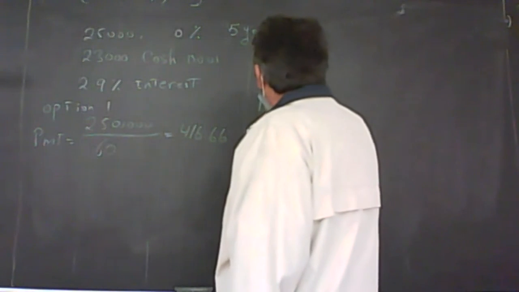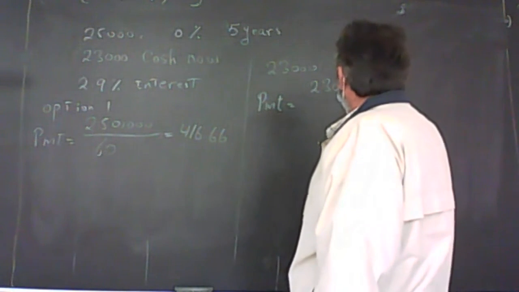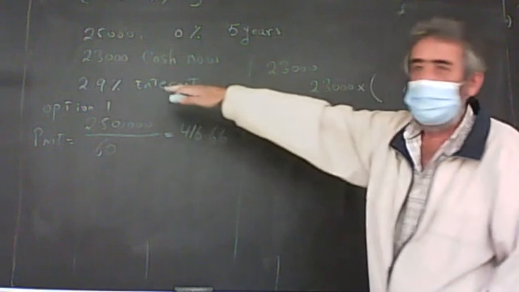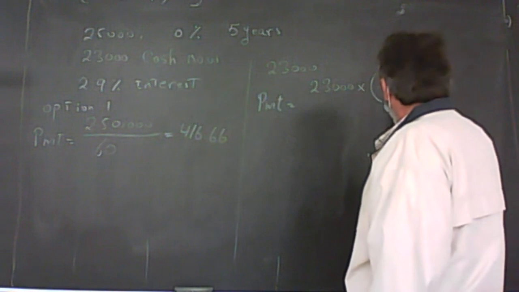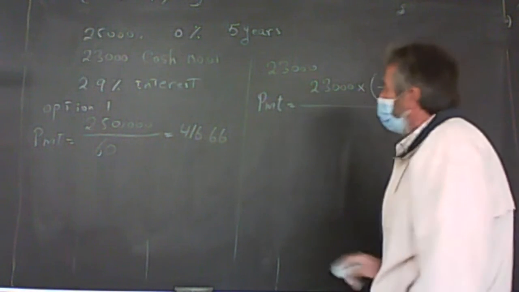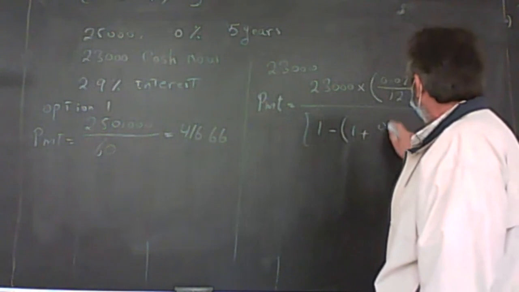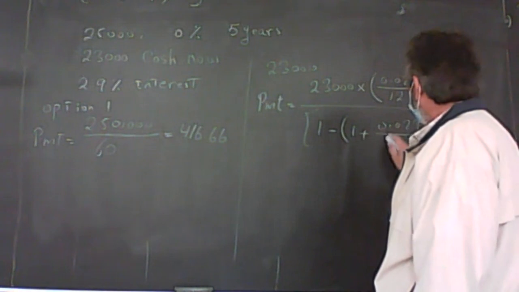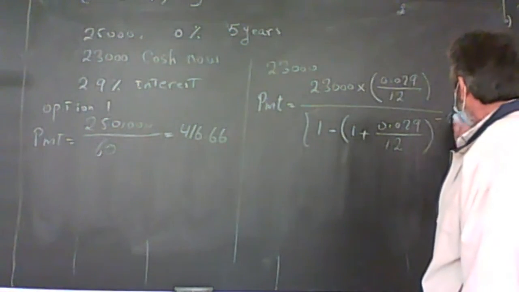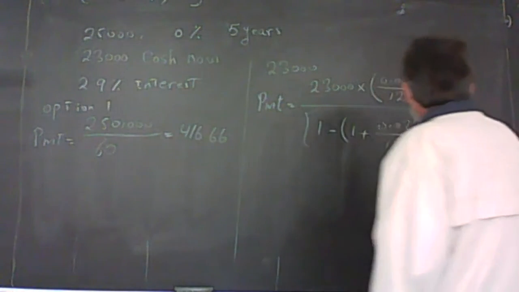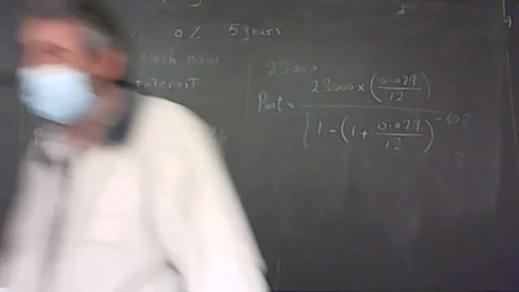So the payment is PV, which is 23,000, times R, which is 0.029 divided by 12, divided by 1 minus 1 plus 0.029 to the power minus 60, because it is minus NT, and NT is 5 times 12.